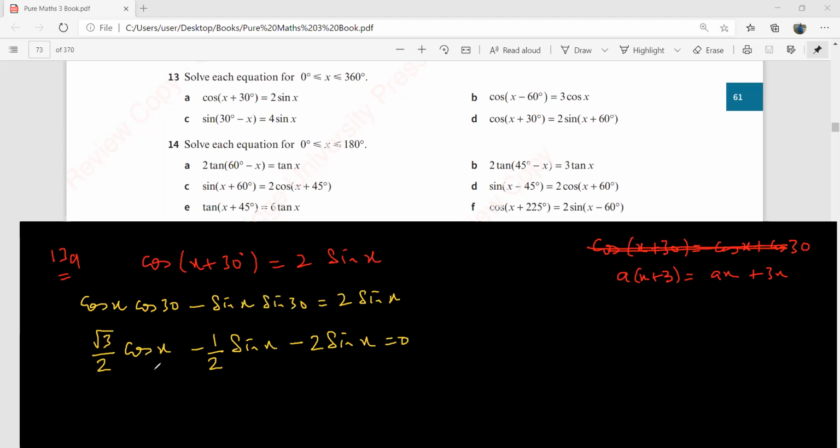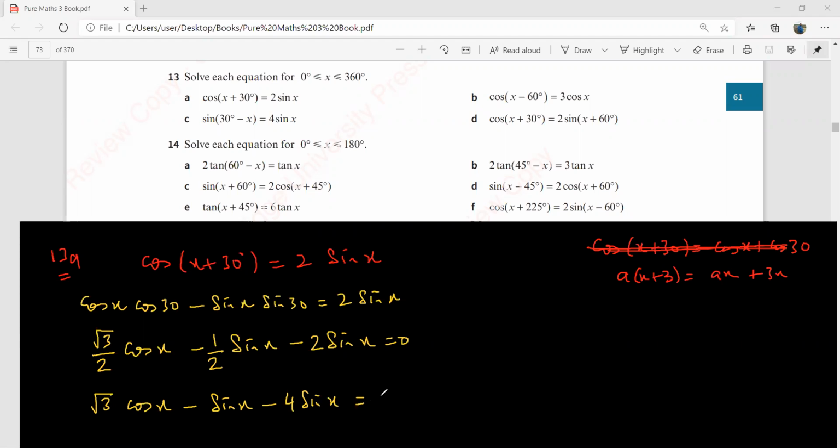I'm going to multiply the whole equation by 2, which is the LCM, by the way. So this is root 3 cos x minus sin x minus 4 sin x.